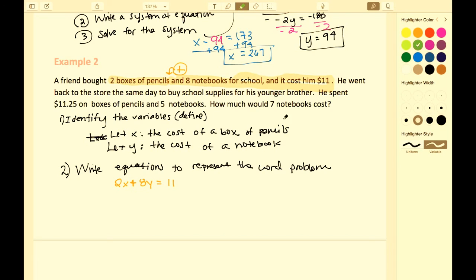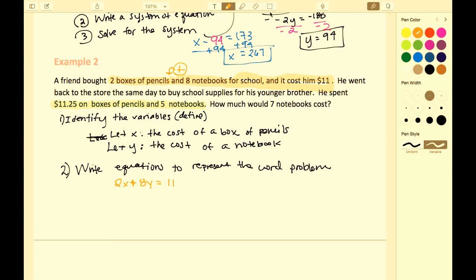And then here it says he went back to the store the same day to buy school supplies for his younger brother. He spent $11.25 on boxes of pencils and 5 notebooks. How much would 7 notebooks cost? So here, how we write this one is, he spent, oh, there is a typo.